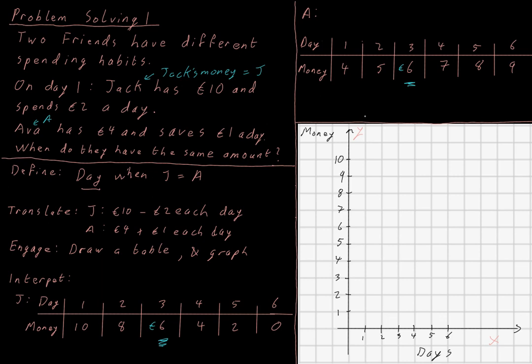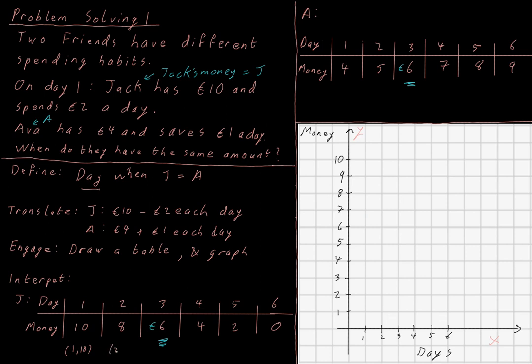Now, let's draw in our two relationships, our two patterns that we've effectively got going on here. So here I have day 1 and €10 for Jack. So the coordinates of that would be 1 and 10.